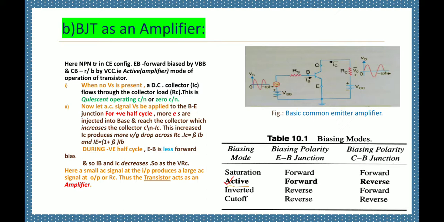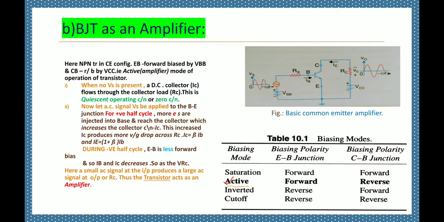Now let's see, if an input signal is applied at the base of the transistor, then for the positive half cycle, more electrons are injected into the base emitter and base collector junctions. Remember, the flow of electrons is opposite to the direction generally marked.